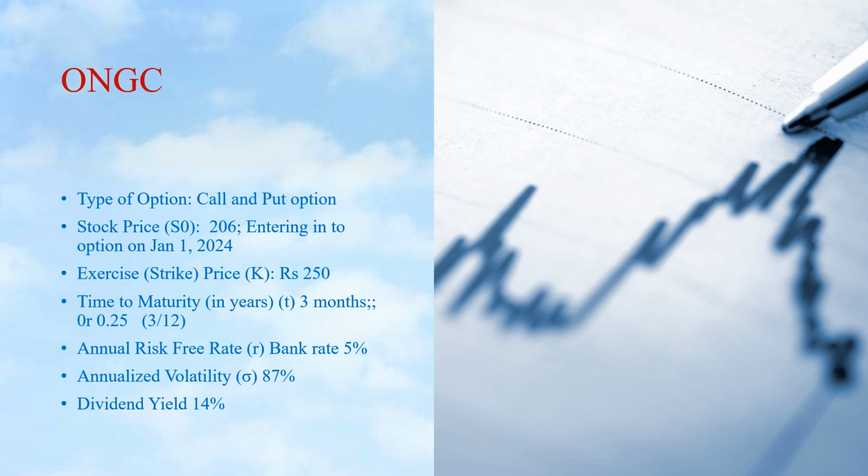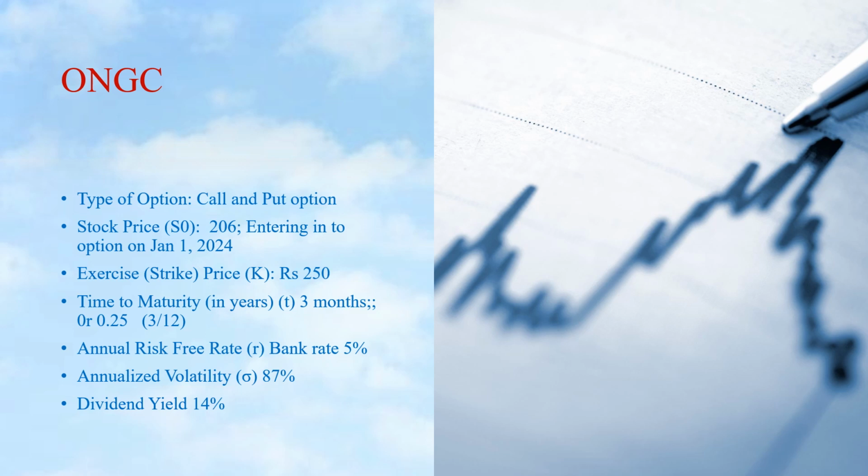Let us see the example of ONGC, how the ONGC prices are. For that we will calculate everything, that is, the types of option. We can use both call and put option. The stock price on 1st January 2024.